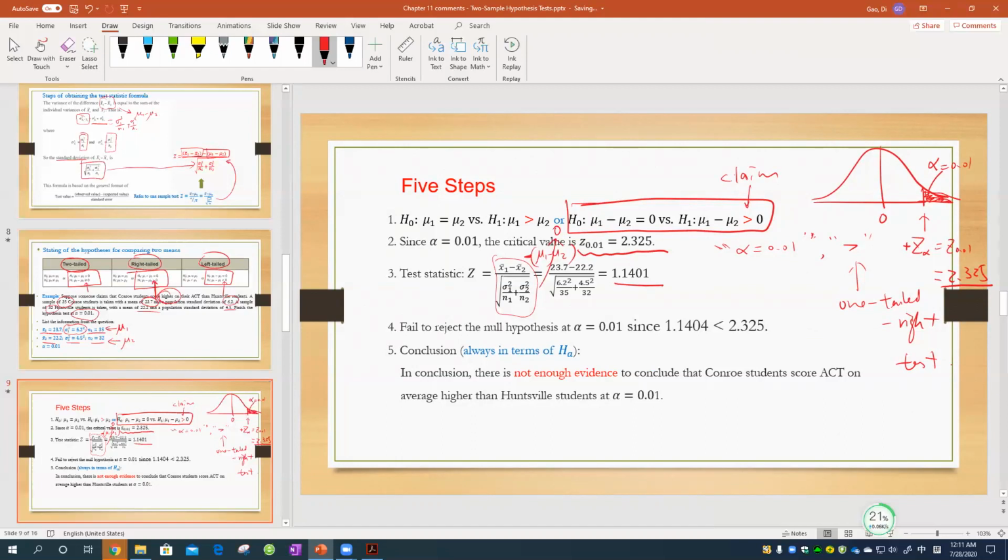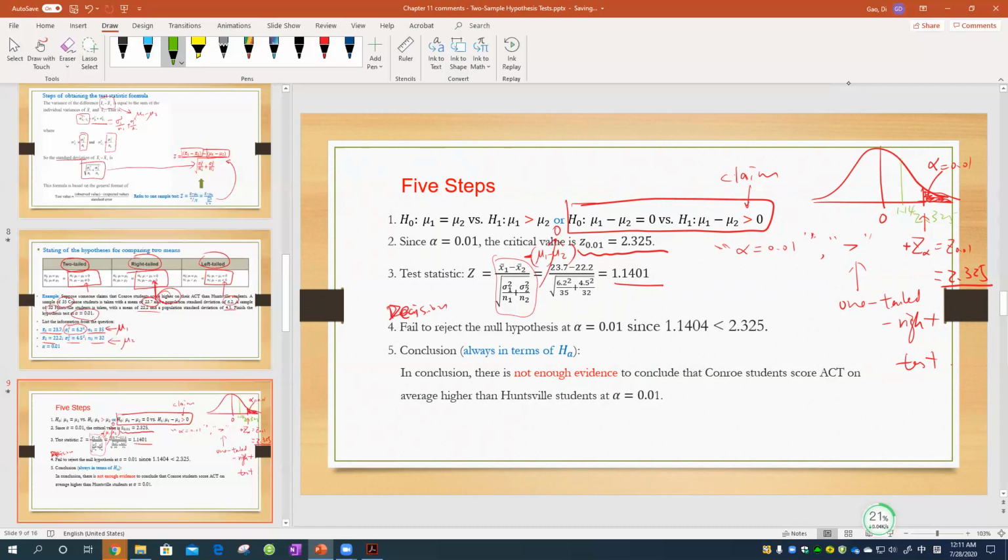And then step 4, let's make a decision. When we make a decision, we want to look at whether this value is in the rejection area. So go back to the curve you drew, and put 1.14 there. This is 2.325, so 1.14 is actually here.